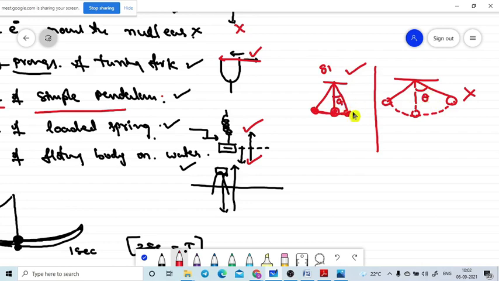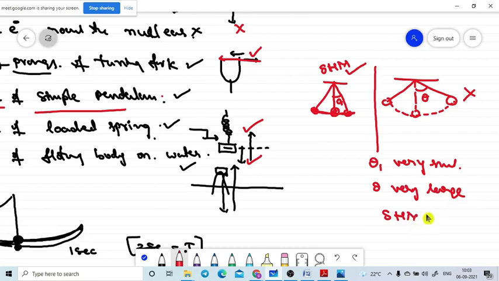If theta 1 is very small, SHM will come. If theta is very large, then it is not SHM. This case we are not discussing in our running topic. We will discuss only the body in small displacement.